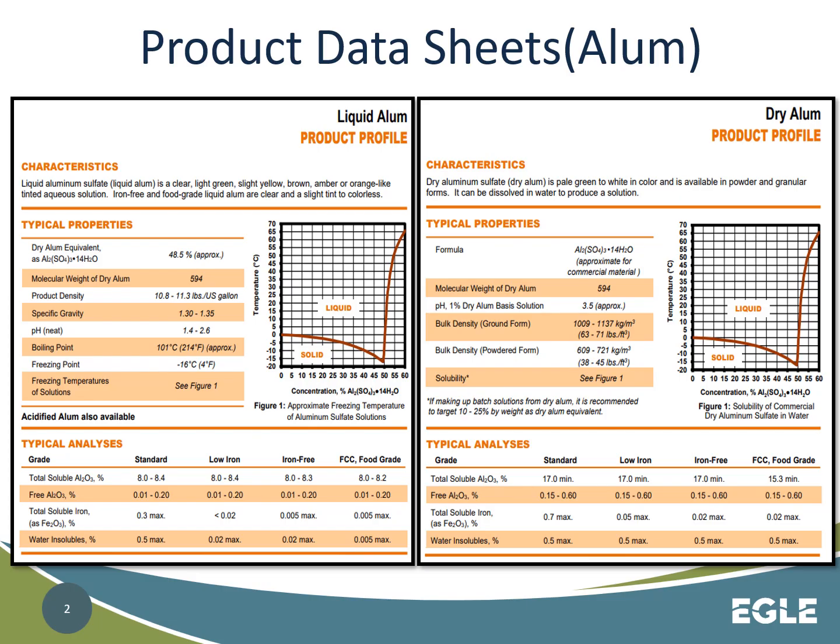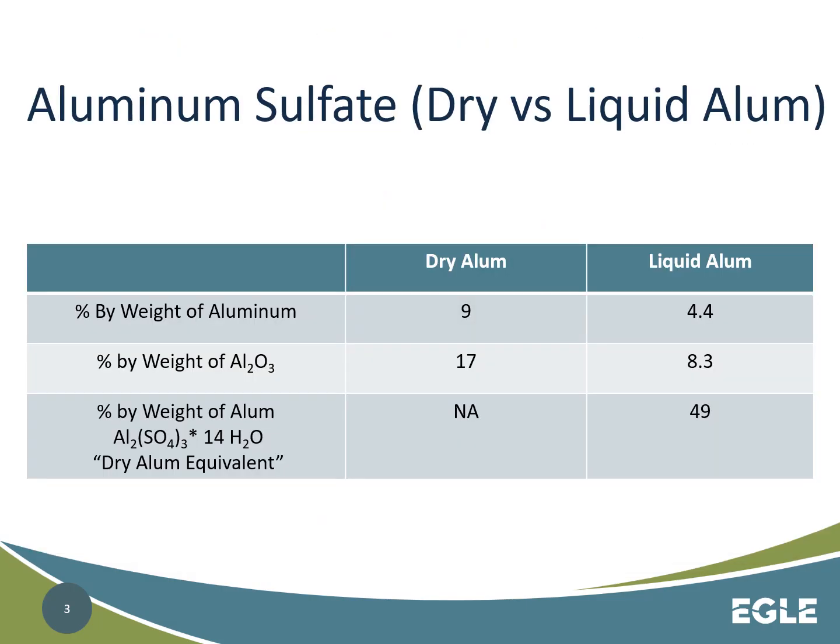Using some basic chemistry, we're able to find what percent of aluminum ion is in that molecule, which we can then use when calculating how many pounds of aluminum ion we're adding, to calculate a dosage. So this is what I mean by the percentages: percent of aluminum ion, percent of dry alum.